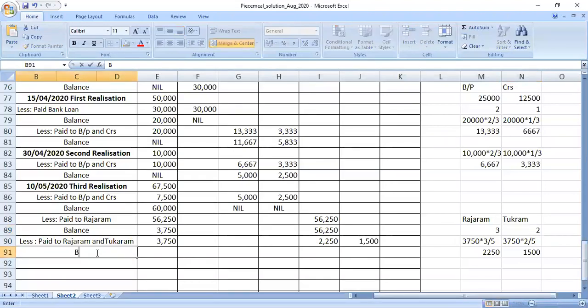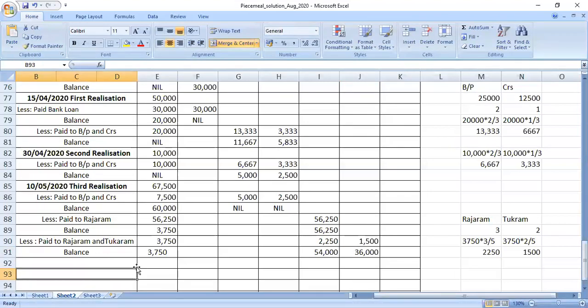Now balance 3,750. Now 56,250 minus 2,250, it means the value is rupees 54,000. What about Tukaram's value? 37,500 minus 1,500, value 36,000.